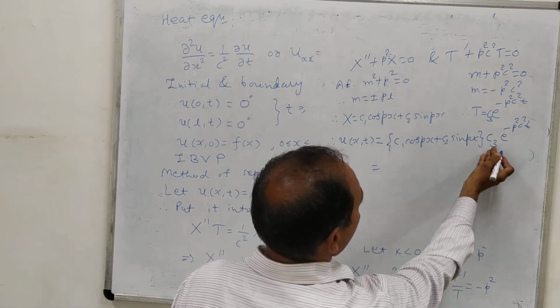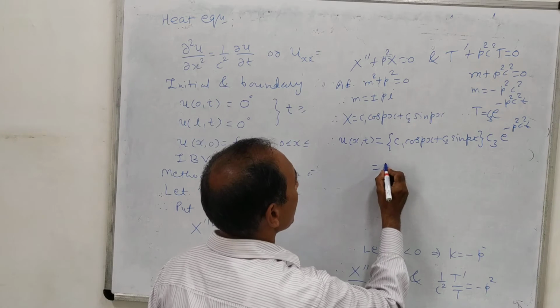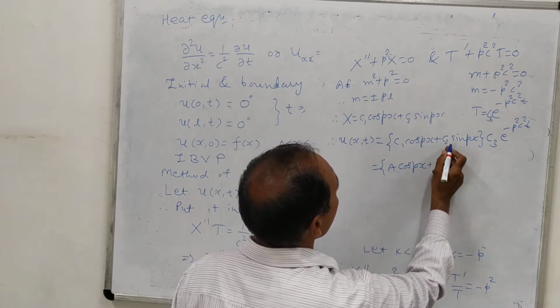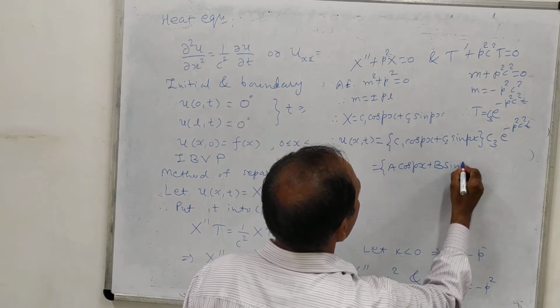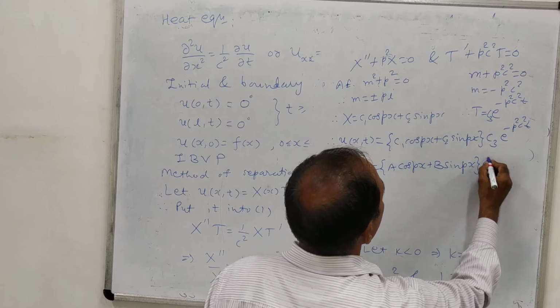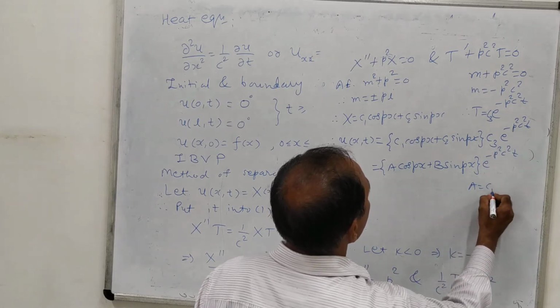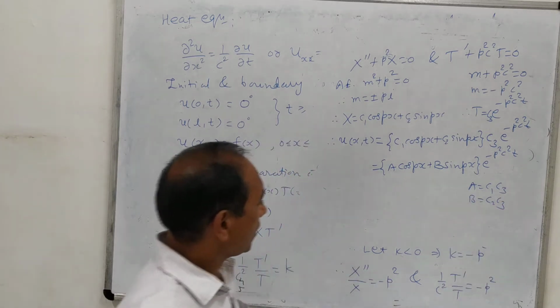Now this constant c3 can be taken into the bracket. That means c1 into c3, we will assume this as capital A, and c2 into c3 we take as capital B, into sin px e raised to minus p square c square t, where capital A equal to c1 c3 and B equal to c2 c3, as you can notice.